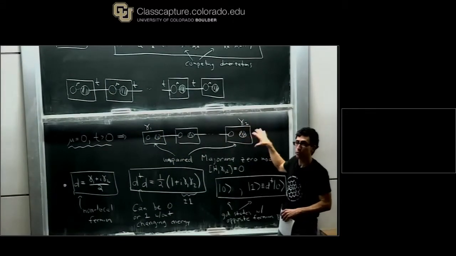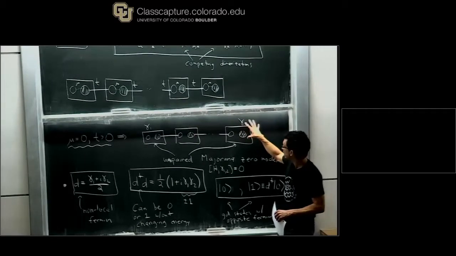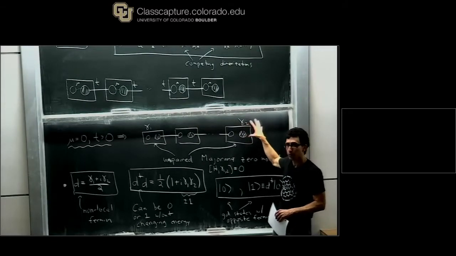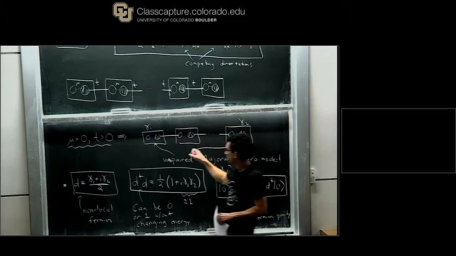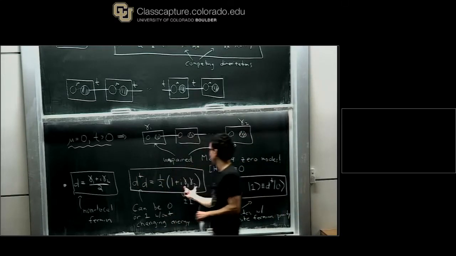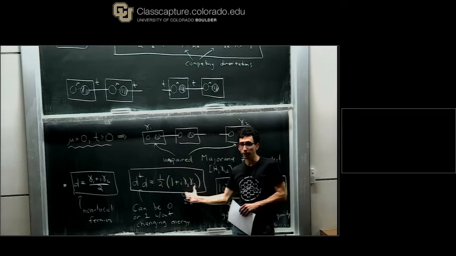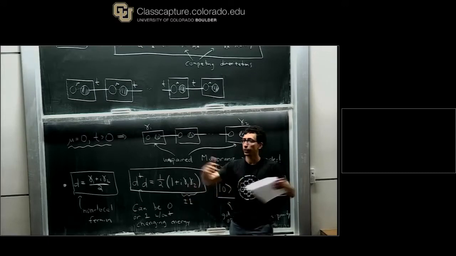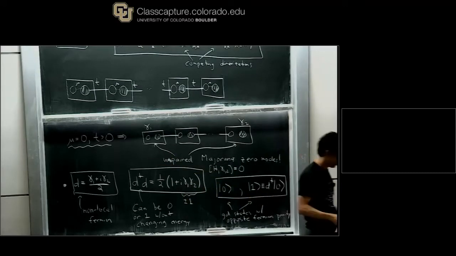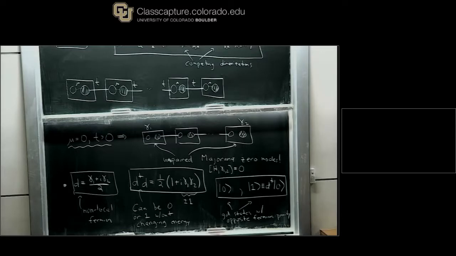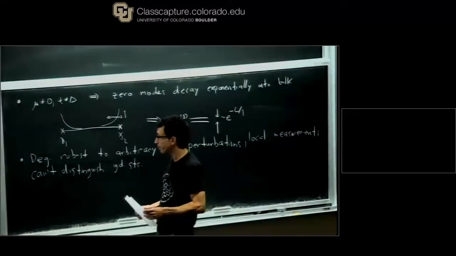But actually, there's no information whatsoever about the state encoded in an individual Majorana, right? So in order to know which state you're in, you have to know about something involving the product of those Majorana operators. But again, they're separated by miles away from each other. And so local measurements can't reveal that information.